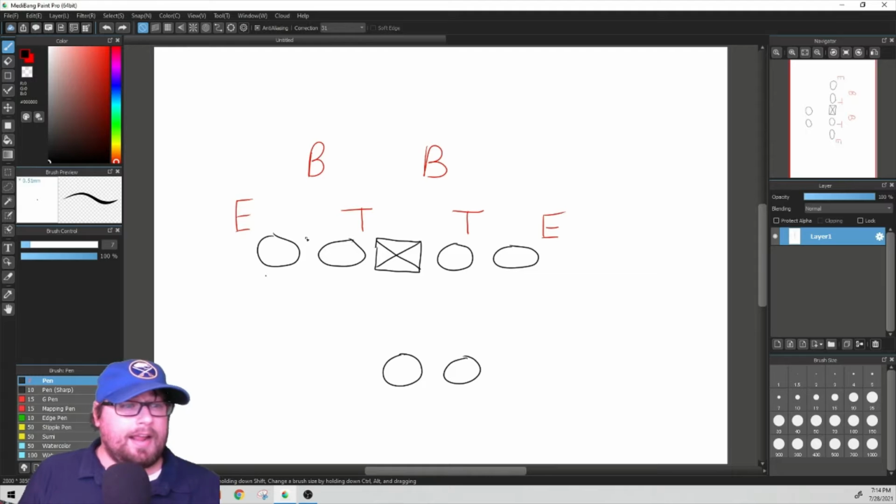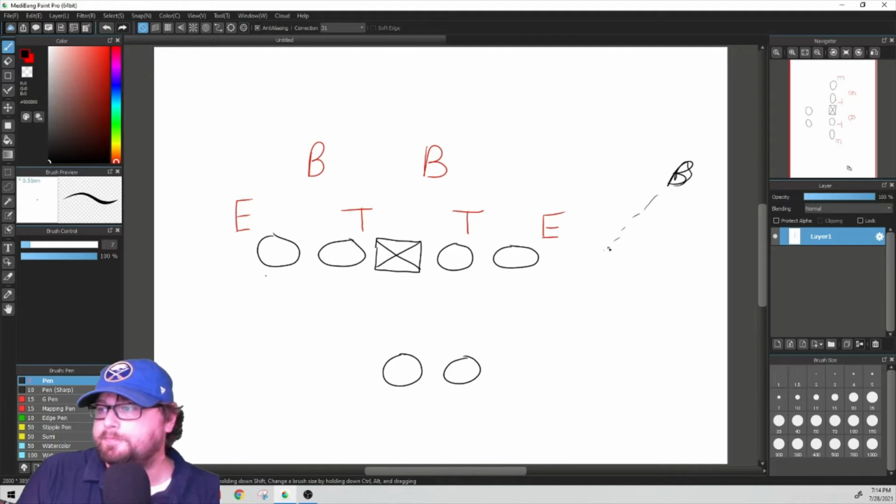Now say we have this backer over here who would normally be in cover, or maybe a corner. Say this backer, he kind of creeps up towards the line here. You already have 6-on-6 basically.